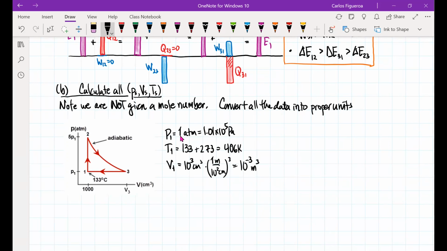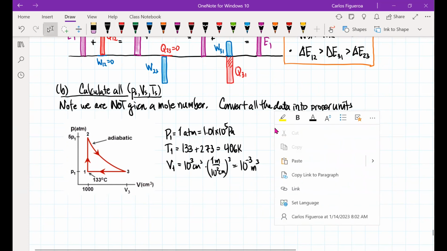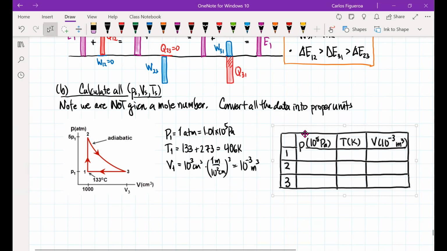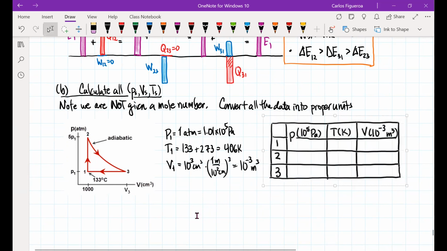So note, I know everything about state 1. Let me paste in a table I already set up, just to do this efficiently. Let's look at what we need to calculate. The first thing that I see here is that I have atmospheric pressure.